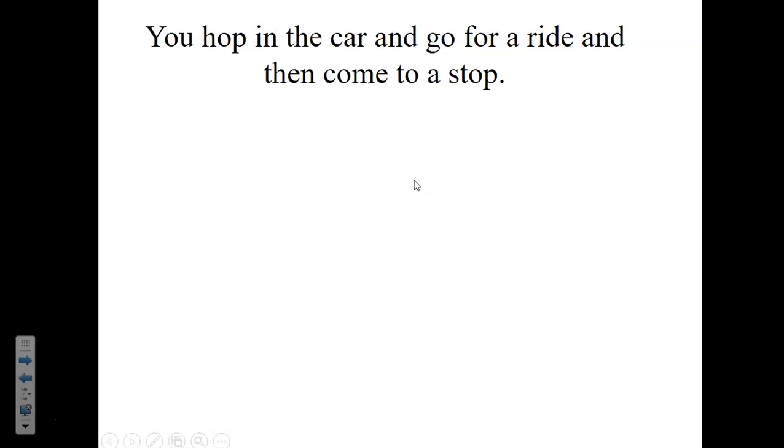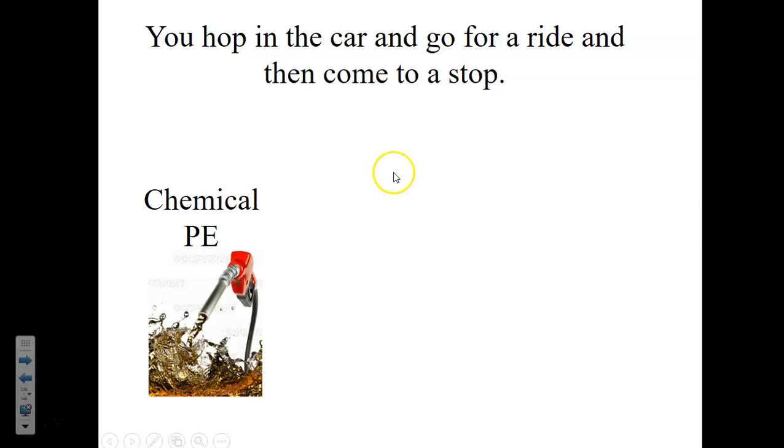So let's look at the energy conversions when you go for a ride in a car. Initially, the energy for your car starts in the form of gasoline, which you're going to burn, which is chemical potential energy. If you burn it or eat it, it's chemical potential energy. And then what form of energy does that chemical energy get converted to?